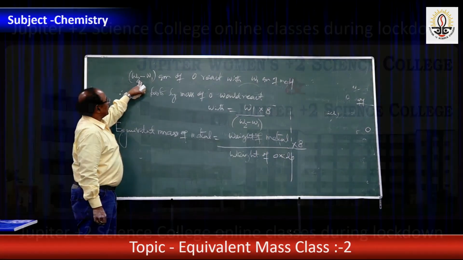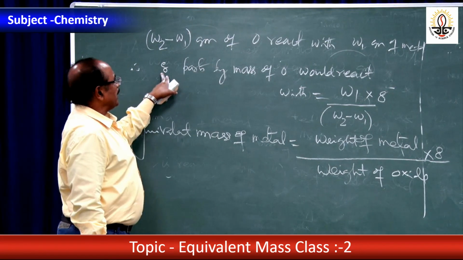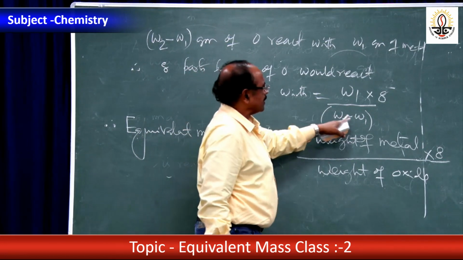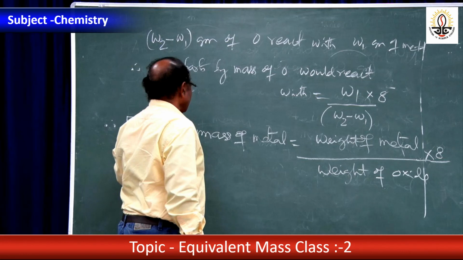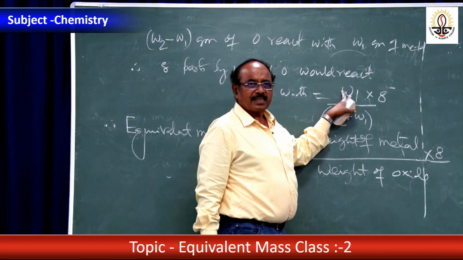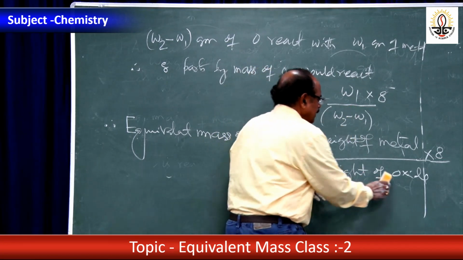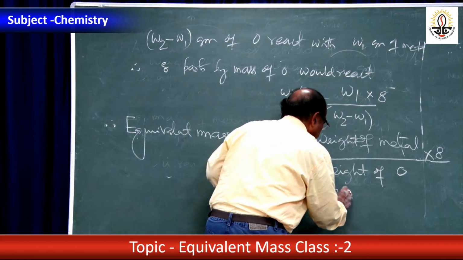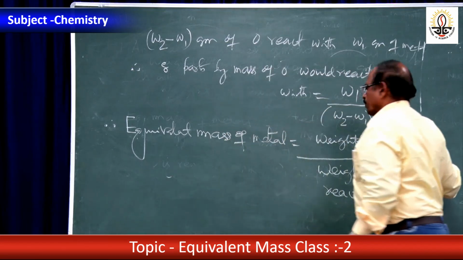We know that W2 minus W1 gram of oxygen reacts with W1 gram of metal. So 8 parts by mass of oxygen would react with W1 by W2 minus W1 into 8. So equivalent mass of metal is equal to the weight of metal, W1, divided by W2 minus W1, the weight of oxygen reacted, multiplied by 8.